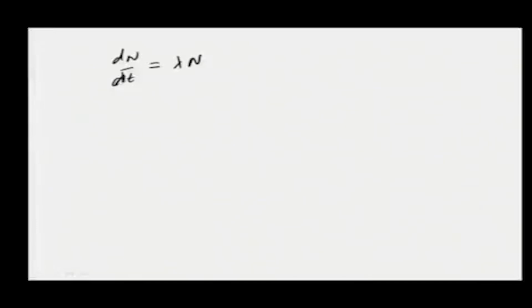So dN by dt is a decreasing quantity. So, it should be minus lambda n. This negative sign says that the number of particles decreases with time.